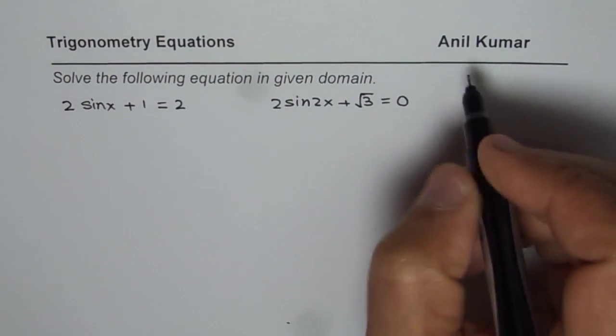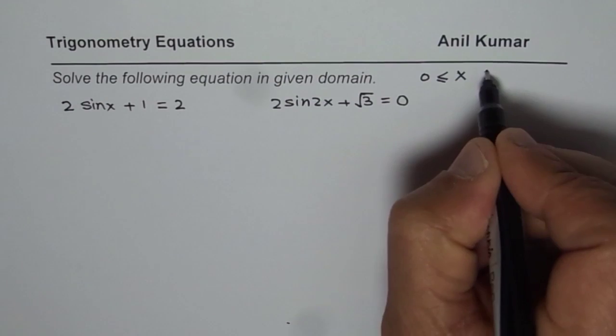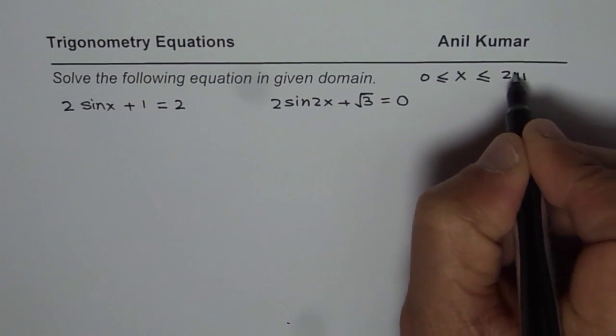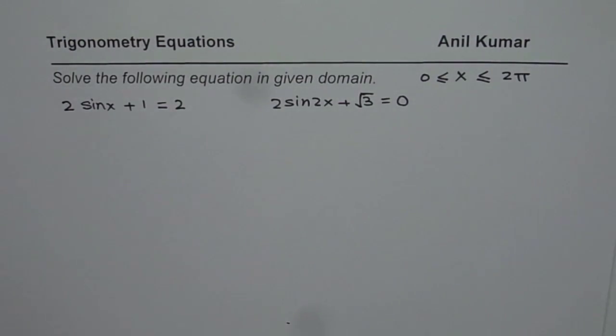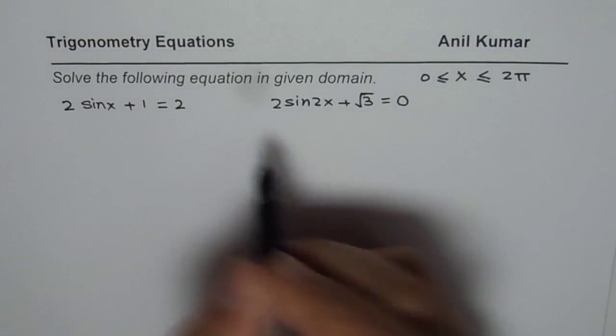What we will consider in all our examples is that x is greater than or equal to 0 and less than or equal to 2 pi, so we'll work in radians. That is the domain in which we need solutions.